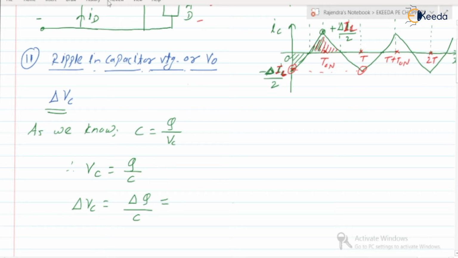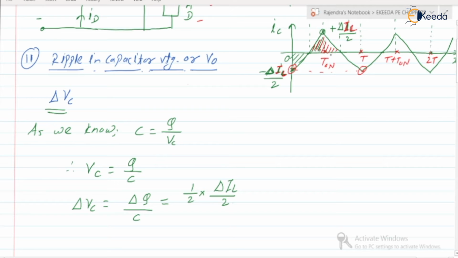So we can write delta Q is equal to what? What is the area of this triangle? The area of the triangle is 1 by 2 into the height, which is the change in current, delta IL by 2, divided by this side.